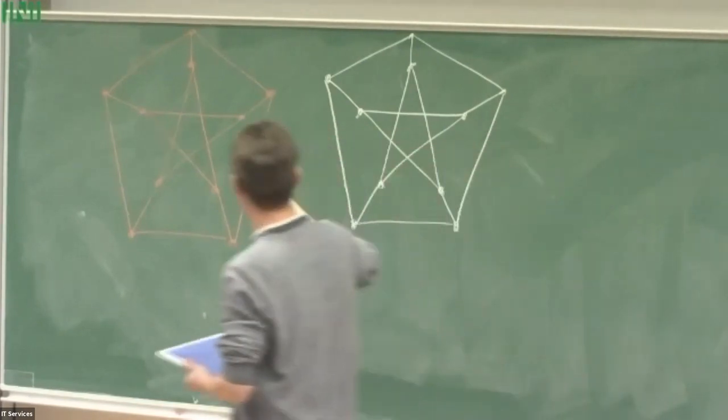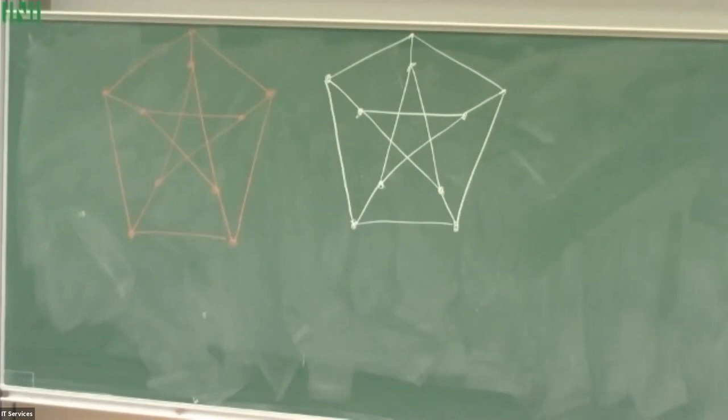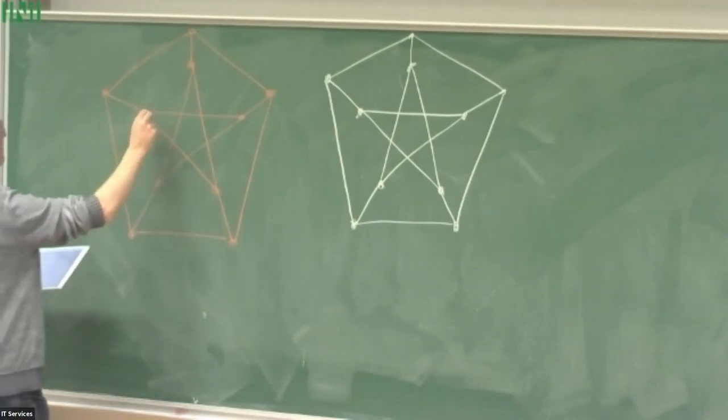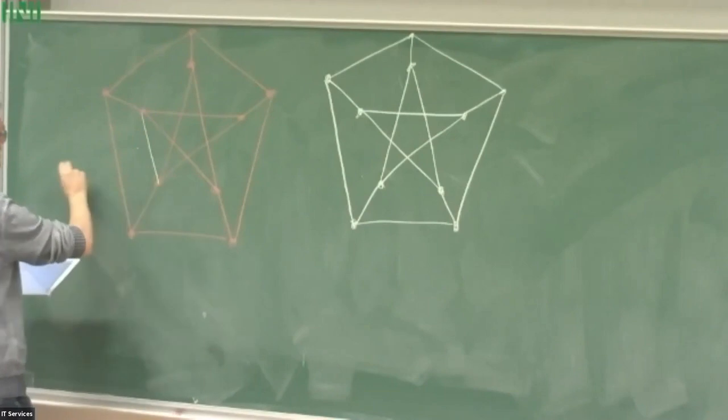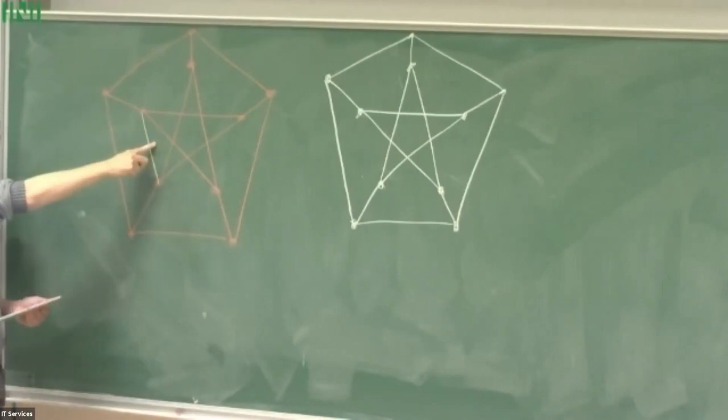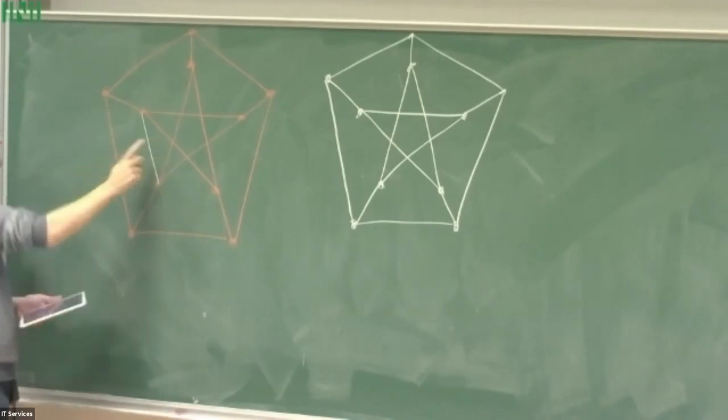And then the red rays are edges that are in the tropical fan. And the white edges are edges that are in the Gröbner fan. And I haven't drawn all the white edges because, for example, I would have to complete this graph with the edges that are missing in red. I have to put in all the edges in white.